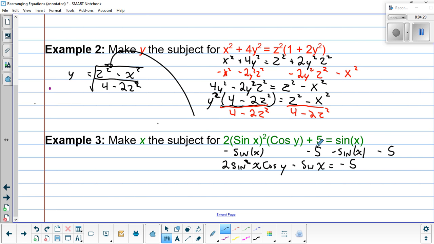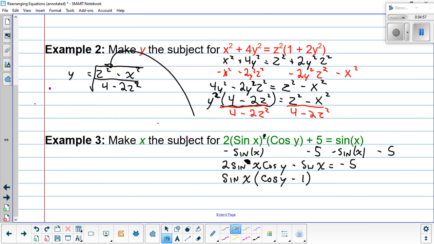I actually have a feeling this isn't going to work, so I'm just going to get rid of this squared on this term right here. I don't think that's actually going to work. So here we can go 2, or sorry, now we want to factor out a sine, because that wouldn't have worked. So sine x, we're going to leave on the outside, 2 cos y minus 1 on the inside.